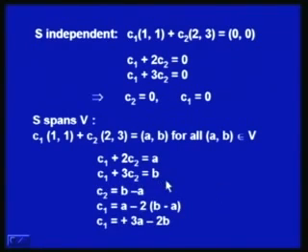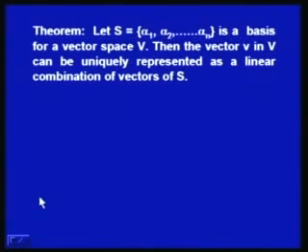If you subtract the two, C2 is equal to b minus a, and if you substitute it here, then C1 comes out to be 3a minus 2b. So given a and b, you can find C2 from this equation and C1 from this equation, and this solution will be unique. So we can say that S spans V, and that establishes that we have a basis for the given vector space.